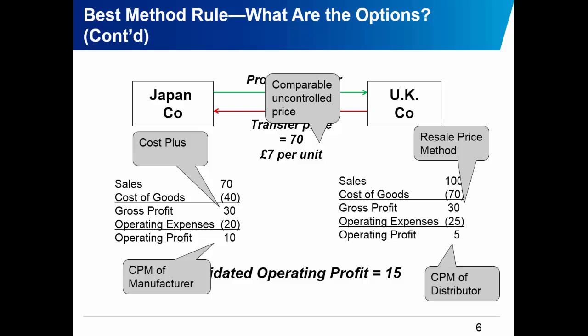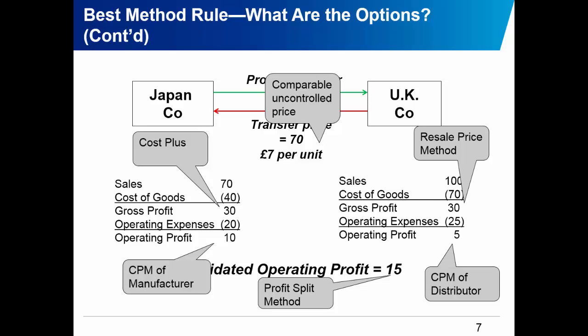Last but not least, we spoke in the first video of the consolidated operating profit, which is here 15. The last method you can use is what we call the profit split method. This name indicates already a bit what it means. The idea is to look at the global operating profit realized by both Japan Co and UK Co, and determine how to split the profit between one party and the other.